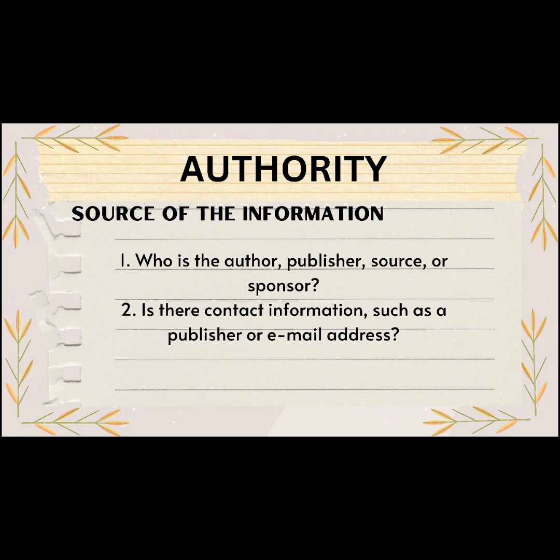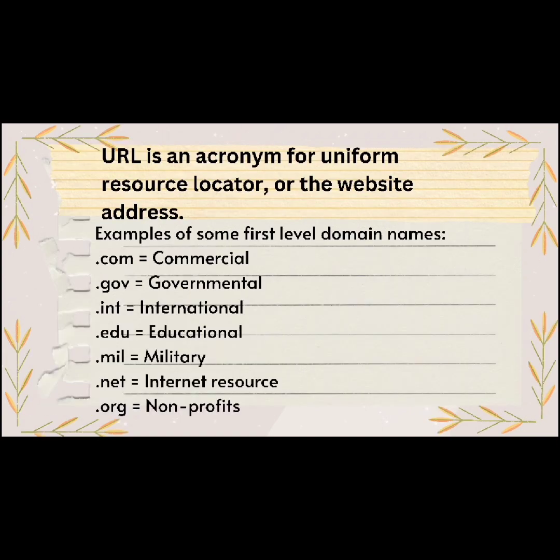So does the URL reveal anything about the author or source? URL is the acronym for Uniform Resource Locator or the website address. Understanding the structure of URLs can give you a lot of information about the authorship and credibility of the website.